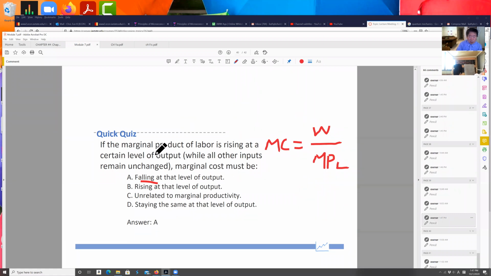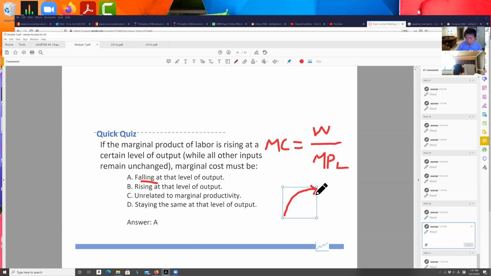If the marginal product of labor is rising at a certain level of output, remember, marginal cost is the wage rate divided by the marginal product of labor. If marginal product of labor is rising, that will be this portion.